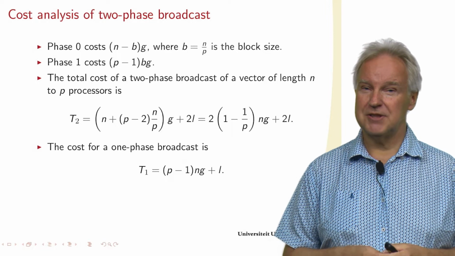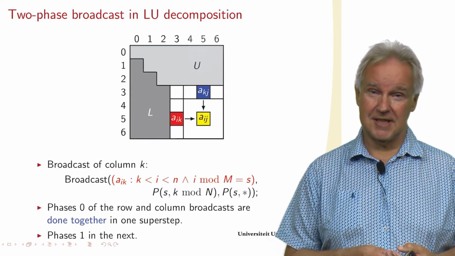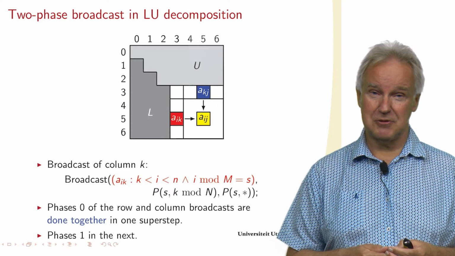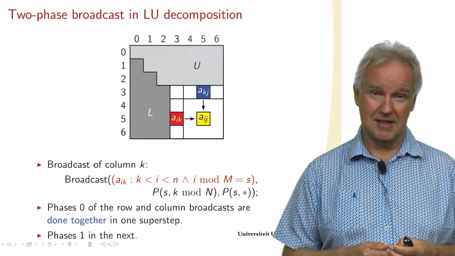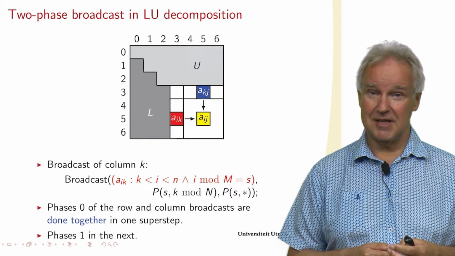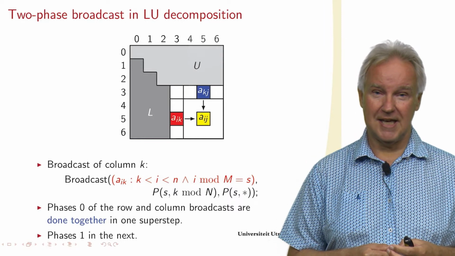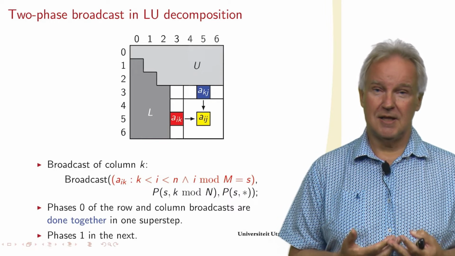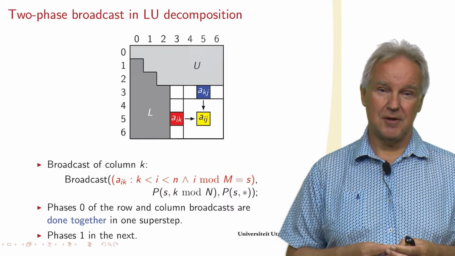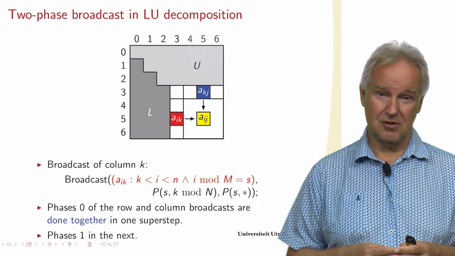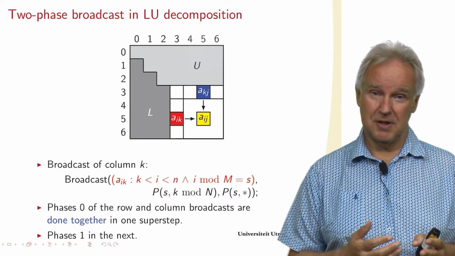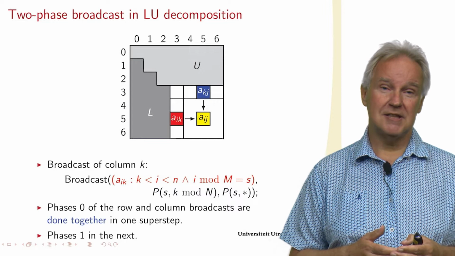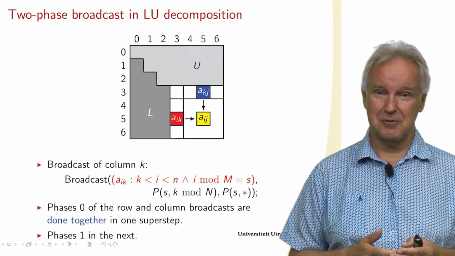In LU decomposition, then we can use this technique to send all the data. For example, if we want to send the red data, which are the elements of column k of the matrix, so all the a_ik that are mine, I'm going to send from their position, which is processor (s, k mod n), because it's column k by the cyclic distribution, and I want it in the whole processor row s.